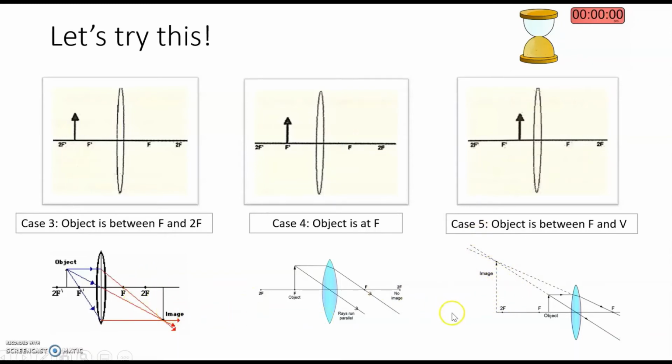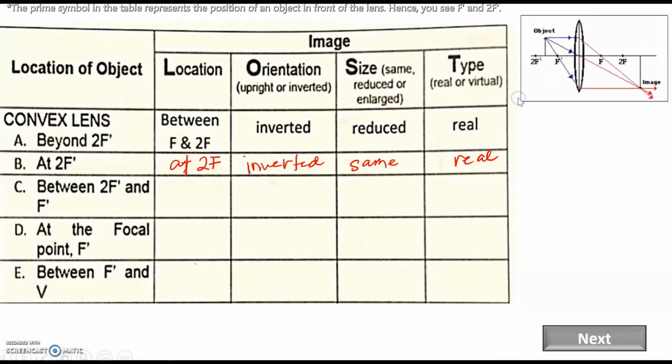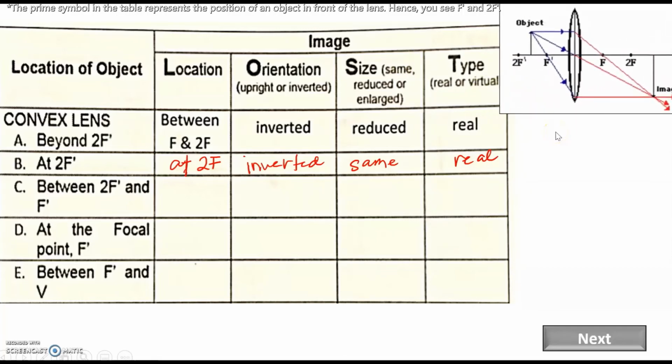Now, based on these ray diagrams, we can now fill in and complete the table on your activity 4. So let's do this. So we will try to complete the LOST for letters C, D, and E. So we will refer to the 3 diagrams that we have done earlier. So this was case 3, where the object is between 2F and F. So the image is here. So what would be the location of the image?